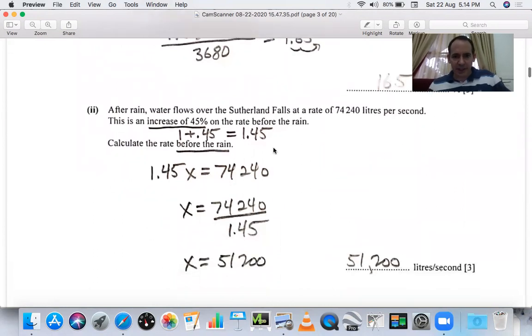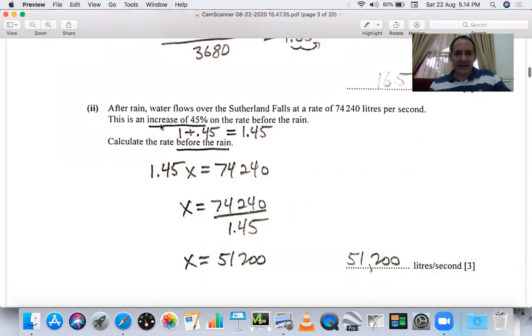Then we move on to another waterfall, the Sutherland Falls, which after the rain is 74,240 liters per second. This is an increase of 45%. Whenever you see increase or decrease, it is from an original amount, which would be 100%. So 100% plus the 45% as decimals gives us 1.45.